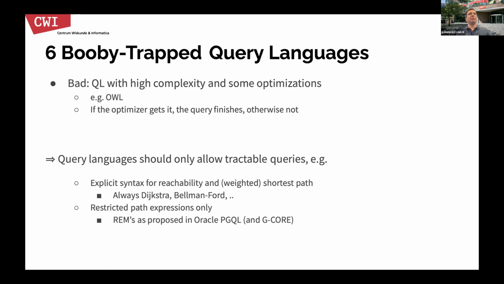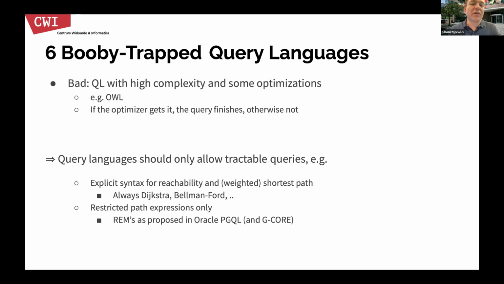But if that rich functionality means that it's not tractable to compute queries in general, and you are addressing that problem by having a query optimizer find those queries that are tractable and then execute those with a good algorithm, it actually puts your users in a booby-trapped world where they will type queries that sometimes work, but then when they make one small mistake, suddenly the query isn't tractable anymore and the system basically hangs, gives an error, crashes. Is that a good user experience? No. You should avoid such query languages, therefore. You should only have query languages that allow you to express tractable queries.